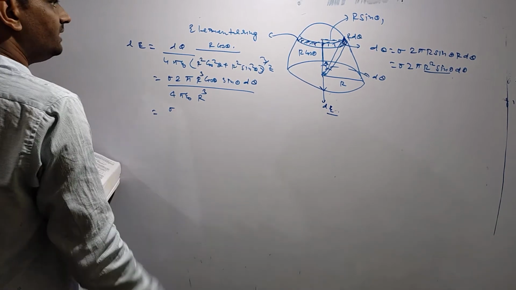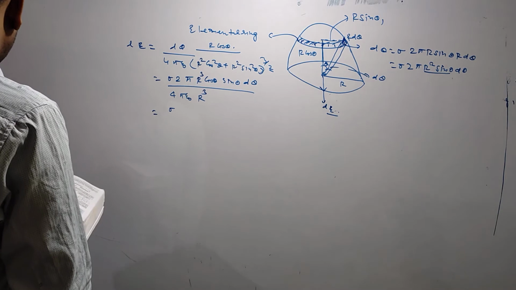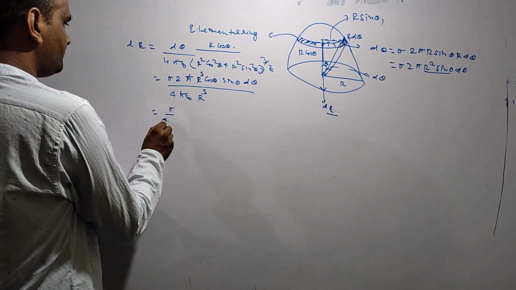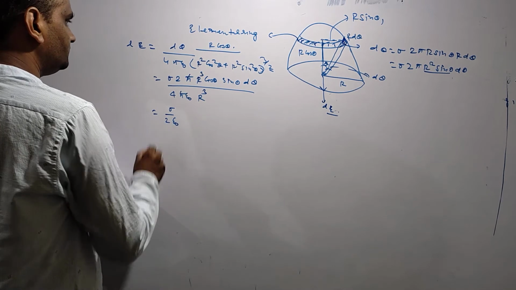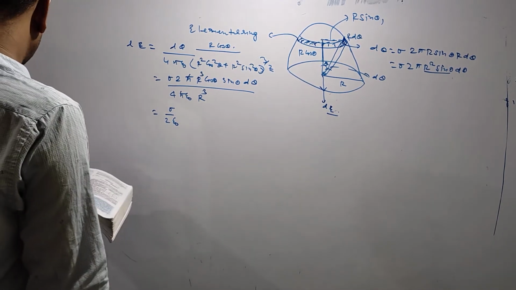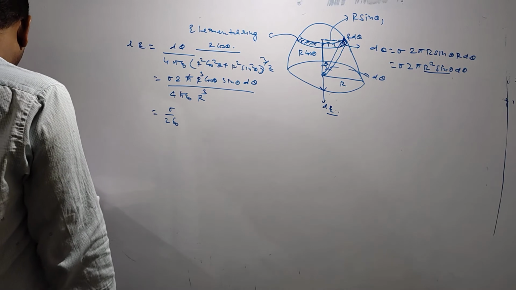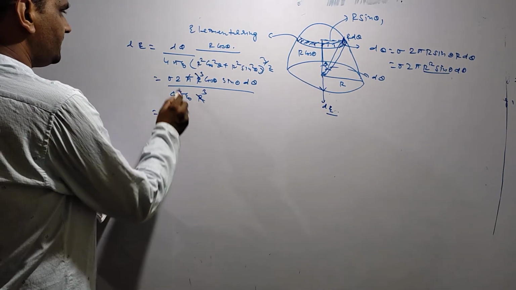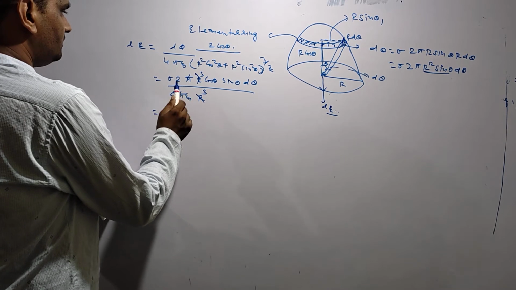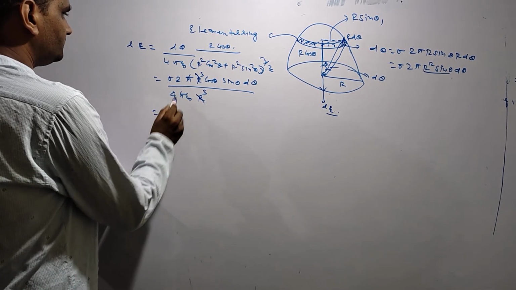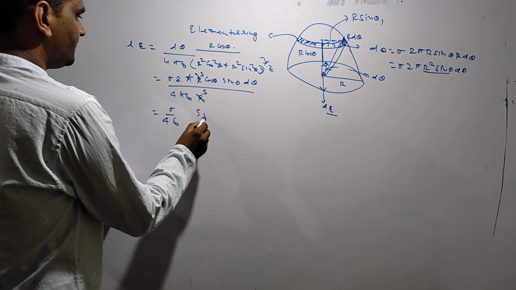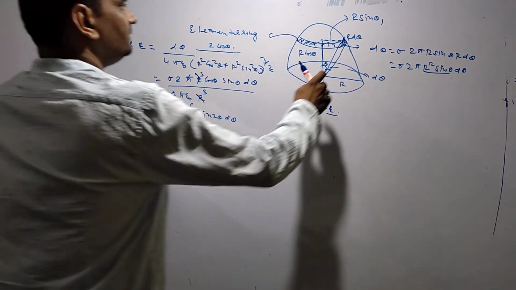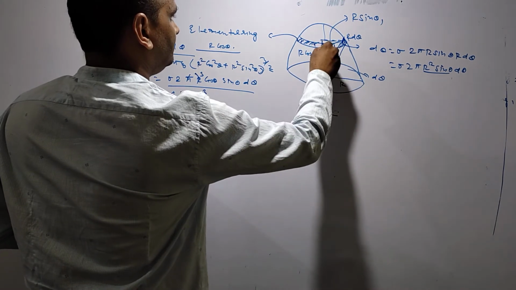Is going to be sigma pi sigma by 2 epsilon naught, and this is going to cancel out. We have... okay, don't cancel it, because 2 sin theta will give sin 2 theta d theta, and you know this from this angle.